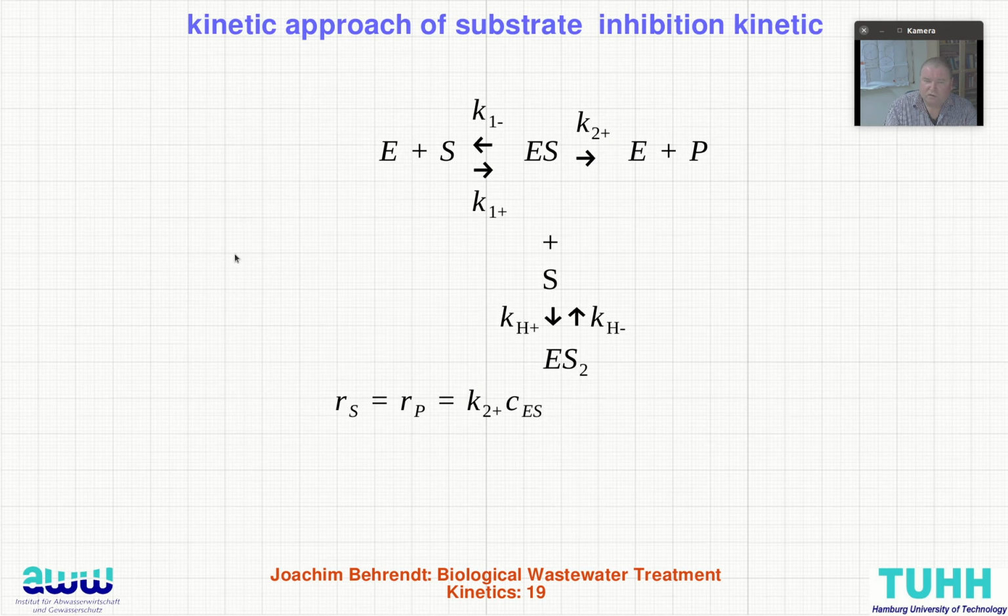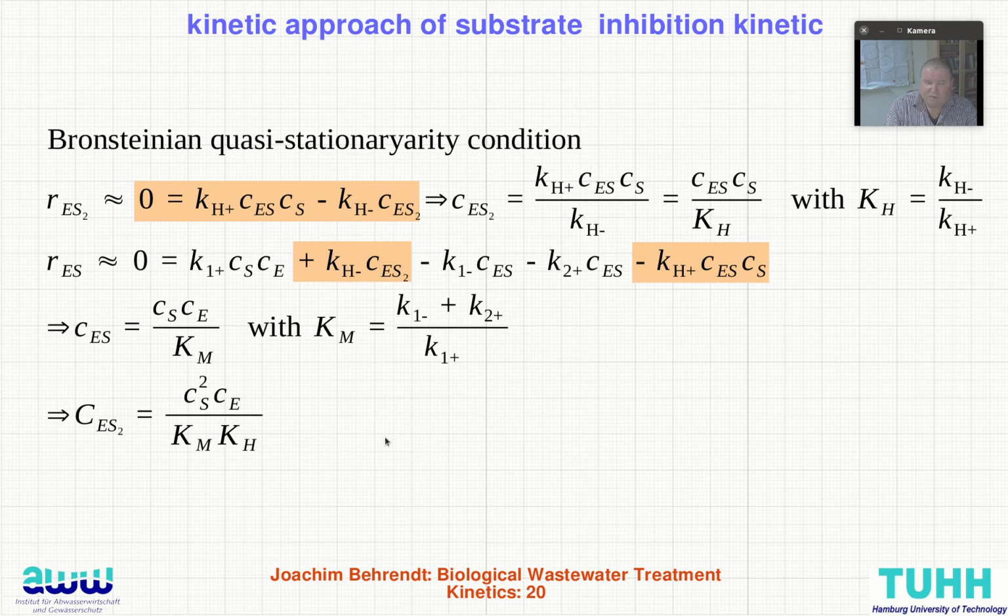We also have cases where the enzyme-substrate complex reacts with a further substrate and forms an enzyme-S2 complex, but the product can only be formed with this reaction. Here we formulate the Bodenstein quasi-stationarity condition for this enzyme-S2 complex, which leads to an expression with the enzyme-substrate complex concentration.